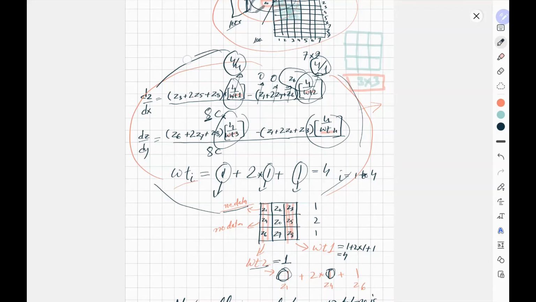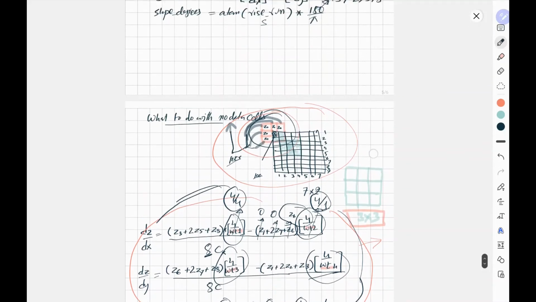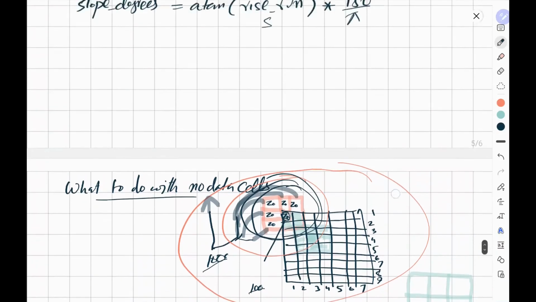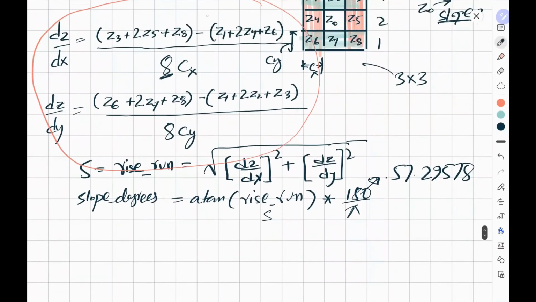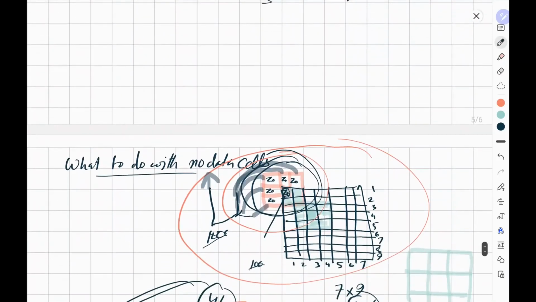Okay, this one, in which you have weights and a condition of 7 cells, and edge cells with no data, is in the 3D analyst toolbox surface tool set of ArcGIS. Okay, whereas this method, having a simple formula with no weights, is the general slope calculation formula. Okay.